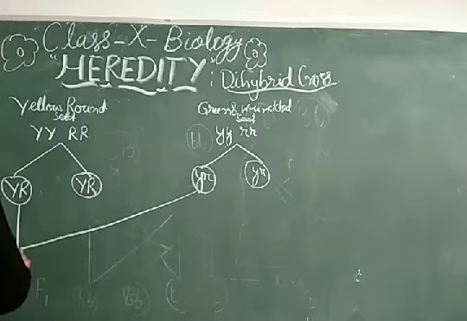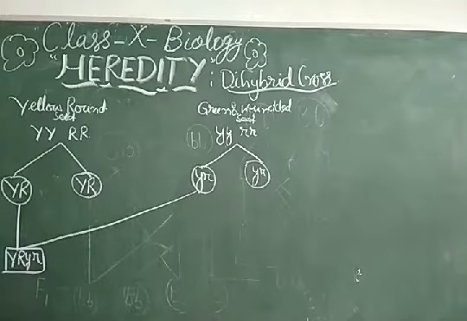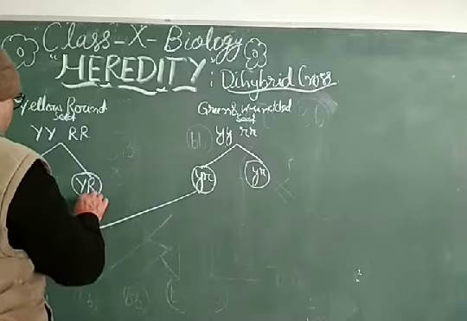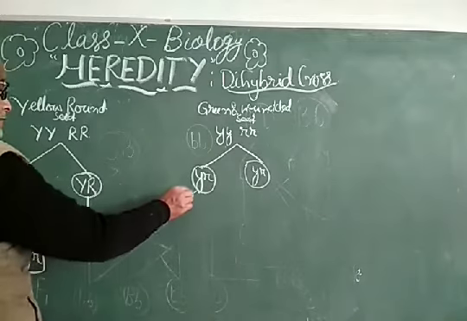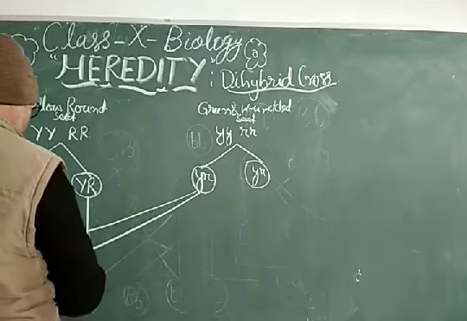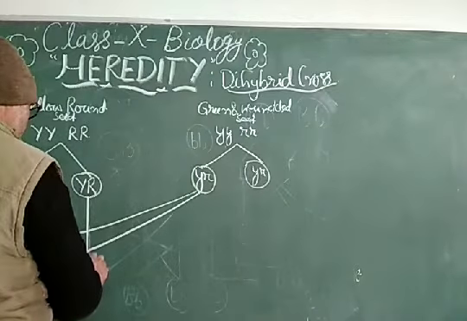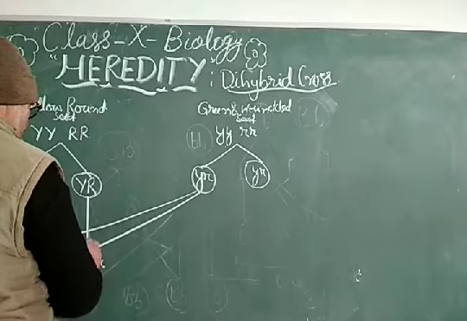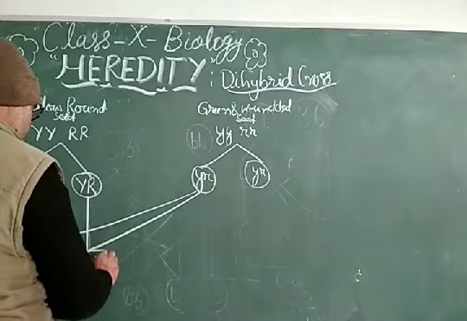The result will be YyRr. This is a possibility. Take it when it crosses with this. Then what happened again? YyRr. This is the second possibility.